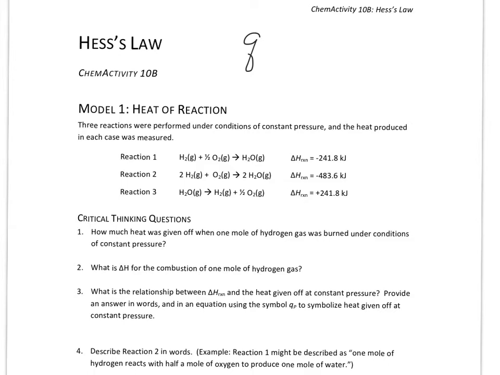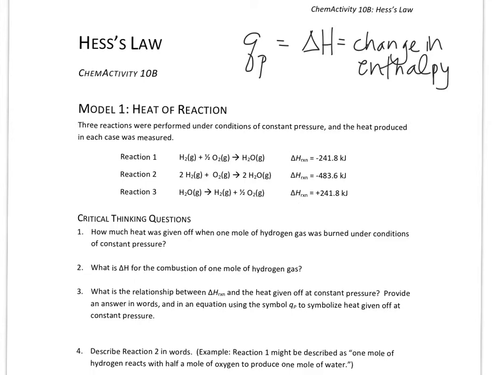But under the situation where a reaction is done at constant pressure, then the heat that is transferred from or to the reaction is given a special name. And it gets this symbol here, delta H, which is change in enthalpy. H is enthalpy.